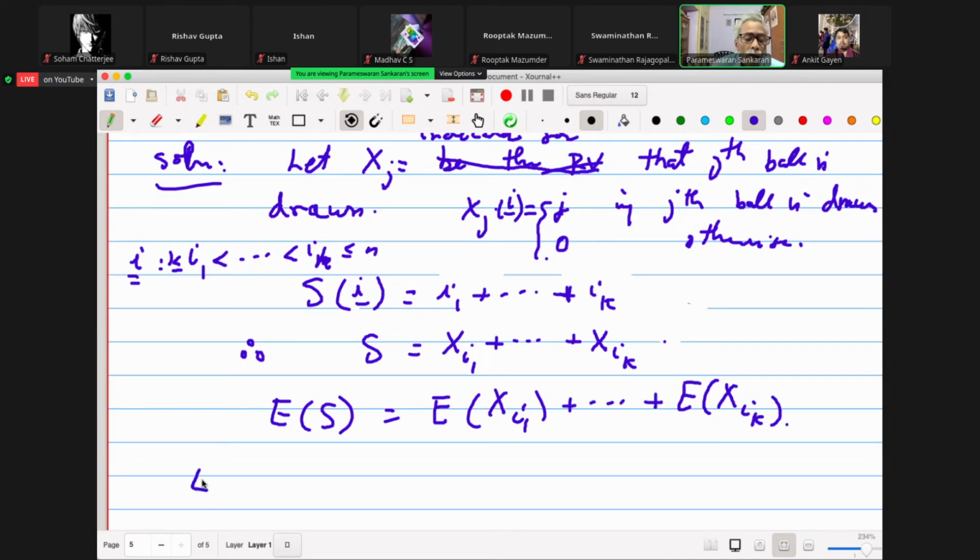But the expectation of xj is easy to compute. This is just the indicator function multiplied by a certain number j, that's all. So j times something plus 0 times something. You are drawing k balls, and out of this the jth one is drawn. So that can happen in how many ways?